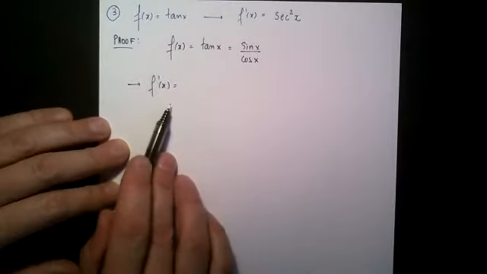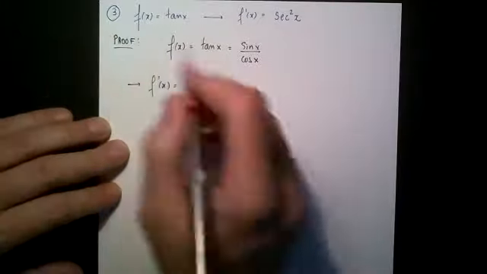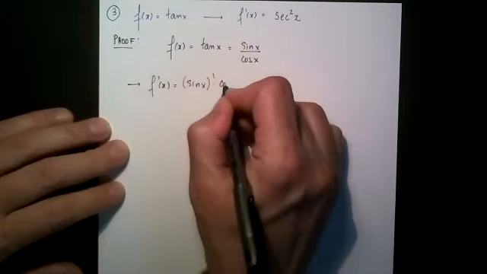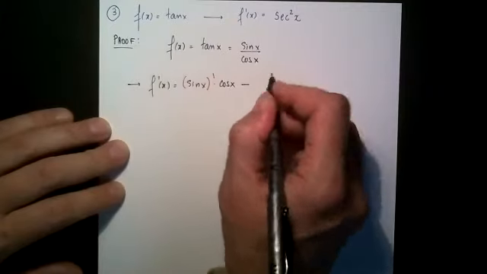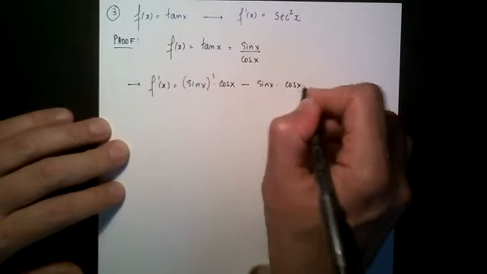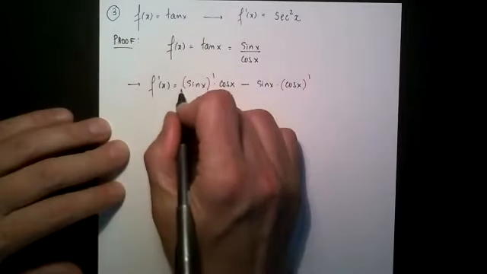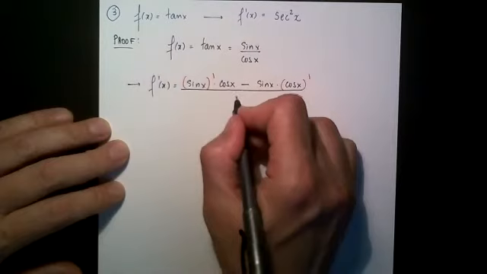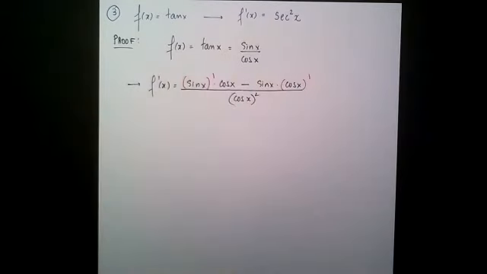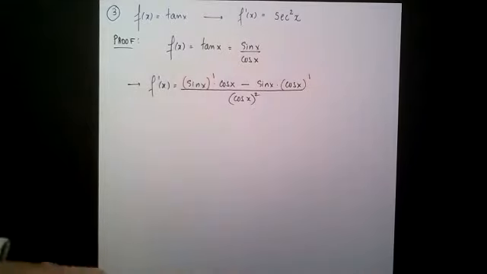The derivative of the top times the bottom, minus the top times the derivative of the bottom, and all this divided by the bottom squared. This is the regular quotient rule, which we saw last class, or 2 classes ago.